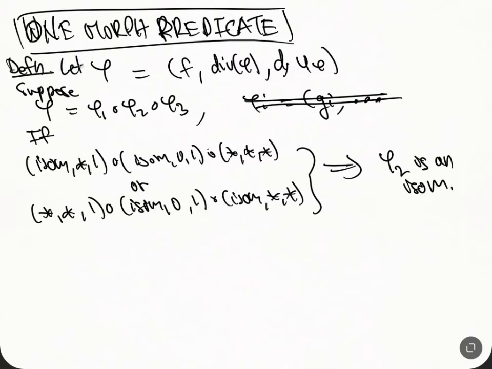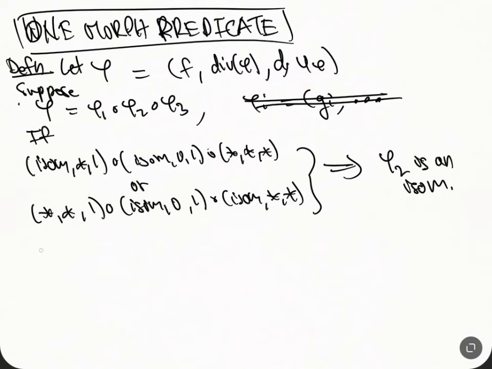So we let this be here, and suppose we have a decomposition for phi. For any decomposition like this, if it has the form like this, then we automatically know that phi2 is an isomorphism.